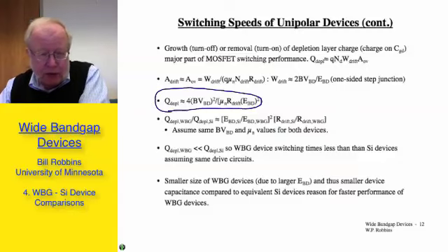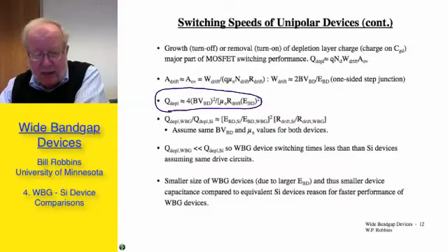If we take the ratio of the depletion layer charge for the wide bandgap divided by the silicon, we get this ratio, which I am showing just below, which involves the square of the ratio of the breakdown field strengths and the on-state resistances. If we assume the same breakdown voltage values and the same mobility values in our comparison devices, we find that the depletion layer charge for the wide bandgap is much less than that of silicon.